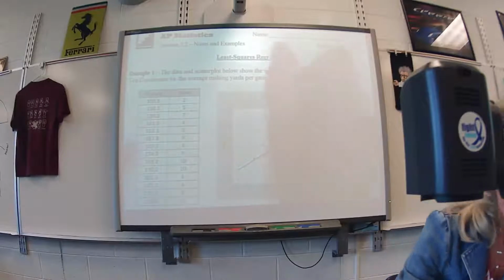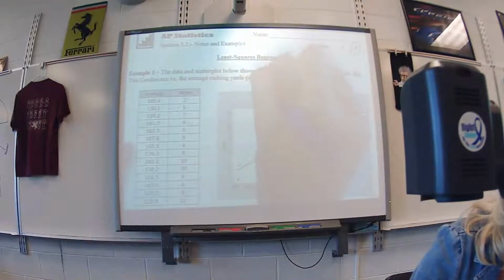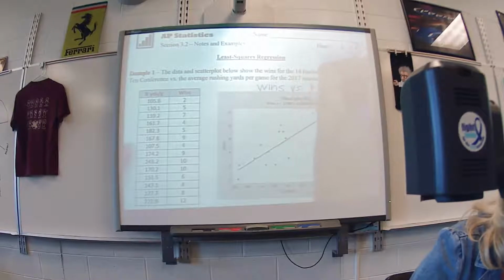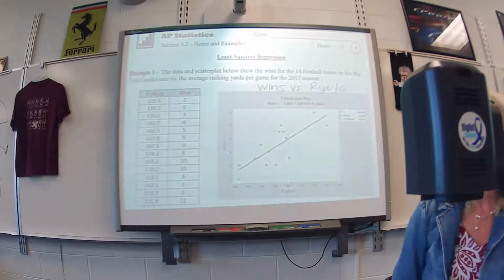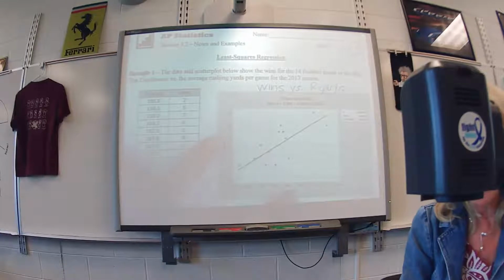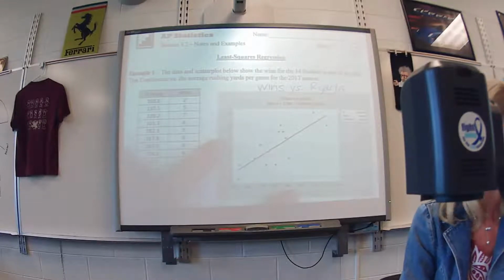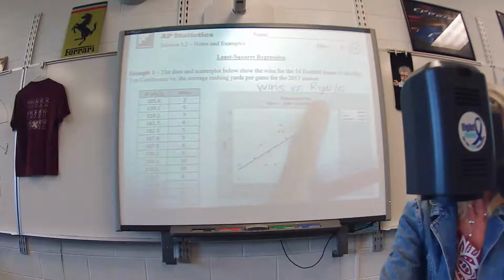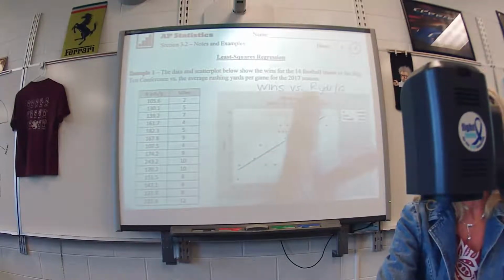It will always say things like wins versus rushing yards per game. So even if they don't have these labeled on a graph, if you have a scatter plot and it's named like this, you should always know that it's Y versus X.